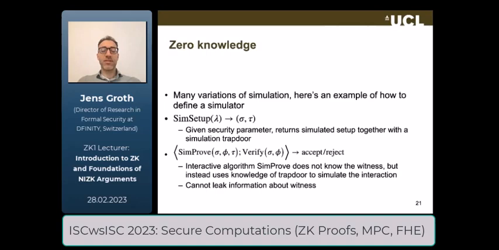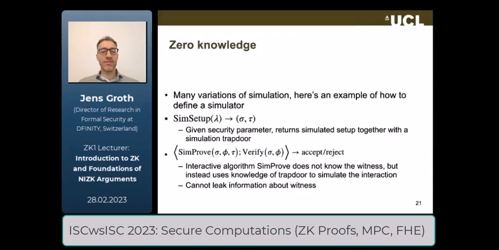And so it generates a common reference string sigma, but also associates with that a simulation trapdoor tau. Okay, so it's a tweak on how we do the setup, and now there's something extra coming out, this simulation trapdoor tau. Okay, and then there's a way to simulate proofs, and that simulator does not know the witness, but it knows the simulation trapdoor, right? And then interacts with an honest verifier and may accept or reject.